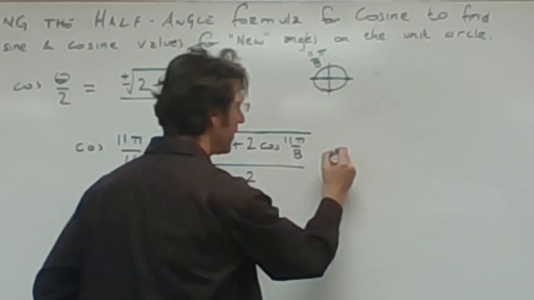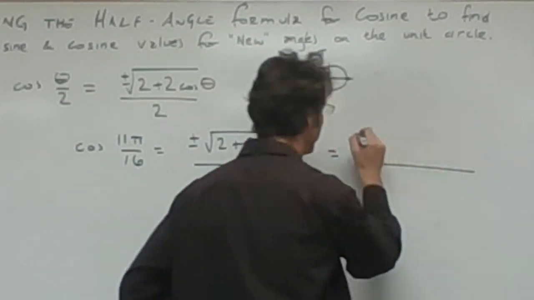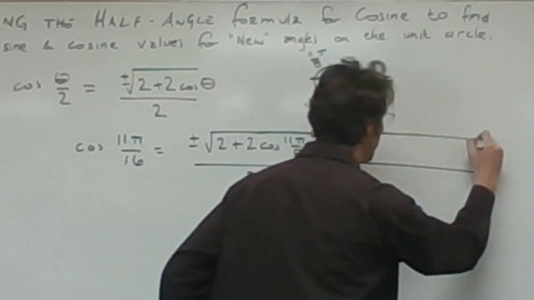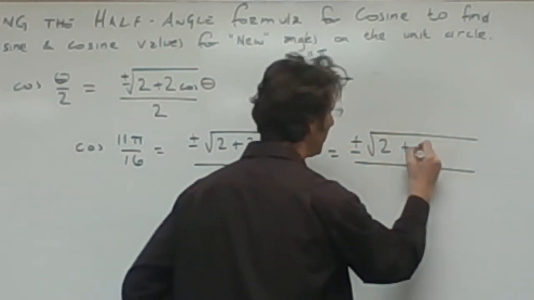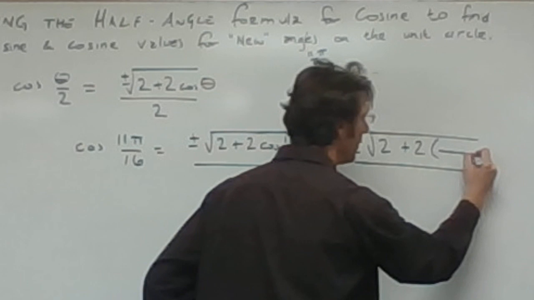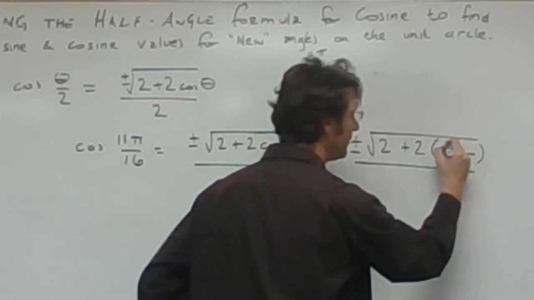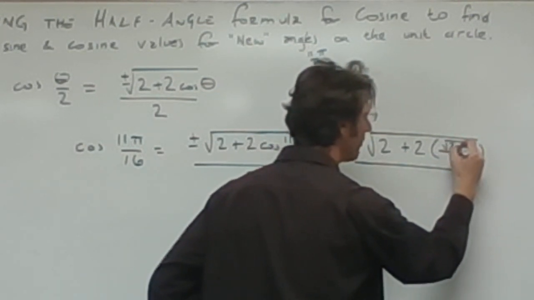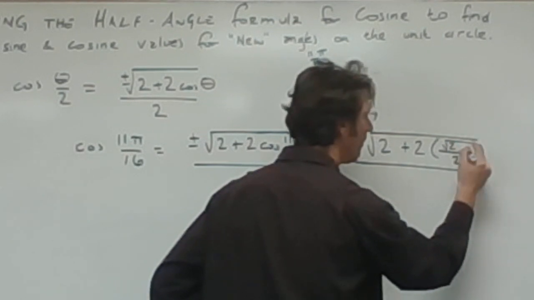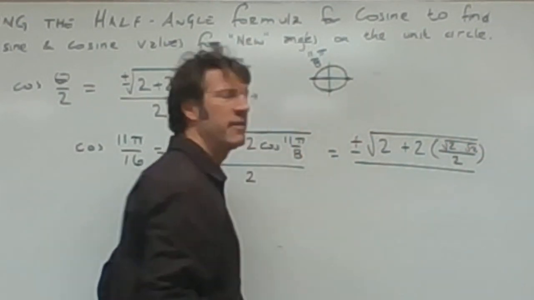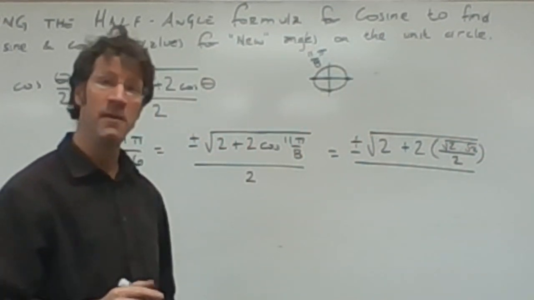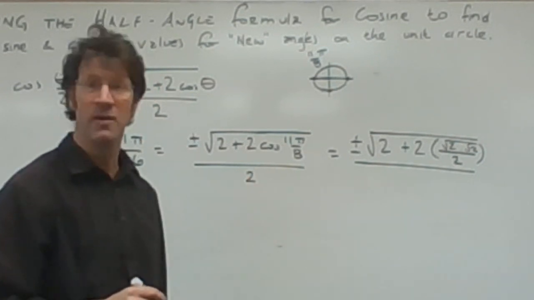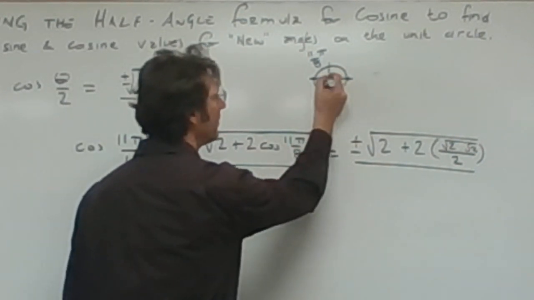So I'm going to go ahead and write this out using this whole positive or negative, and we have a square root of 2 plus 2 times the structure for the 11 pi over 8 cosine, which we just said is a small negative number. There's this line segment right there.